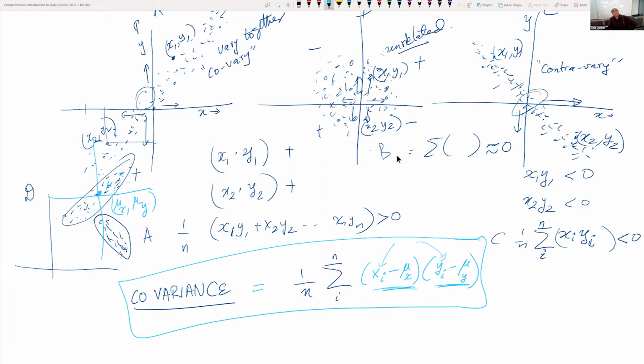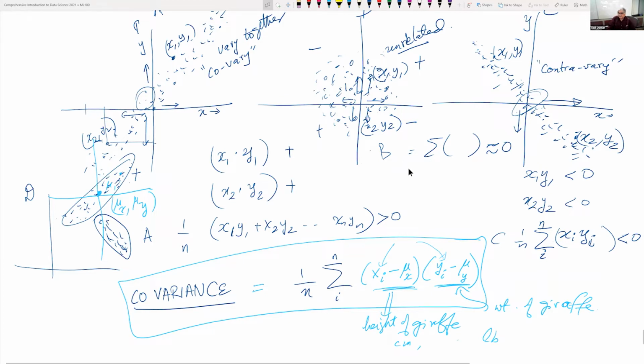So for example, X is the height of the giraffe, and this is the weight of the giraffe. Suppose you take the height, let's say case 1, in centimeters, and this in pounds. You will get a big number in centimeter-pounds.